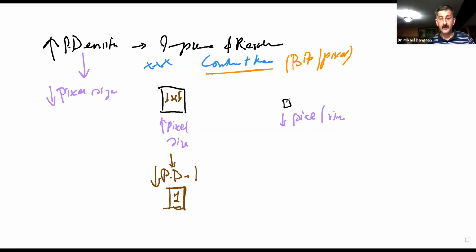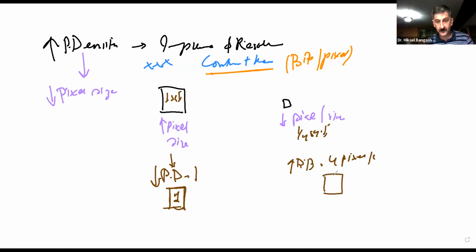Whereas if the pixel size was a quarter of a square inch, you will be able to have a greater pixel density, which would be 4 pixels per square inch.